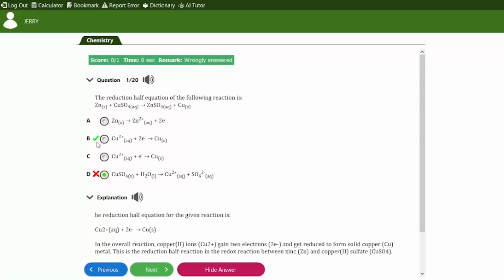Can you see it? From copper 2 to ordinary copper is reduction. Even from the one they marked wrong, you can see that the oxidation number of copper here is plus 6 and here is plus 2. That is reduction. But other things are actually added there. Okay, let's look at the next question.